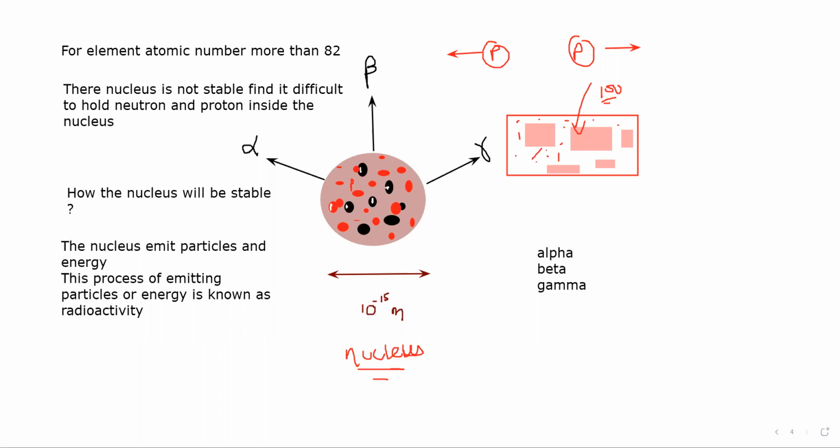And the process of radioactivity is... proton. This is not the shell, this is a nucleus. So it will go out from the nucleus, as well as go out from the atom. Because if I draw the full atom, this is a full atom. An atom consists of a nucleus, the central part is the nucleus, and around the nucleus, electrons are there.